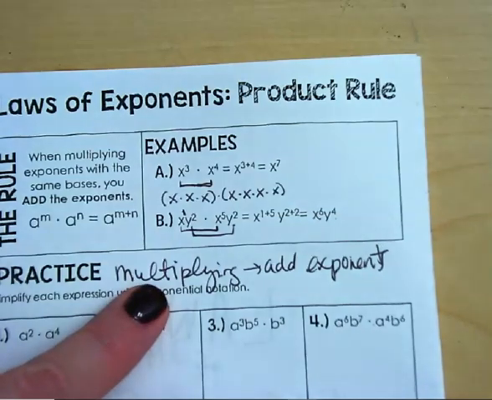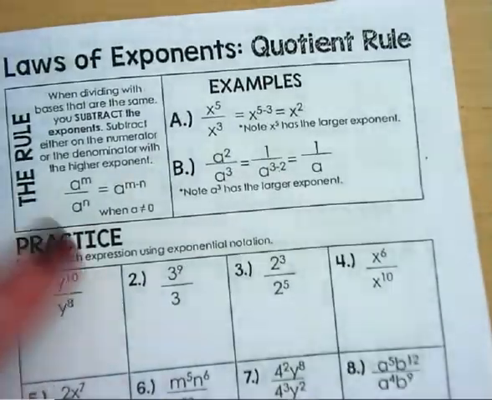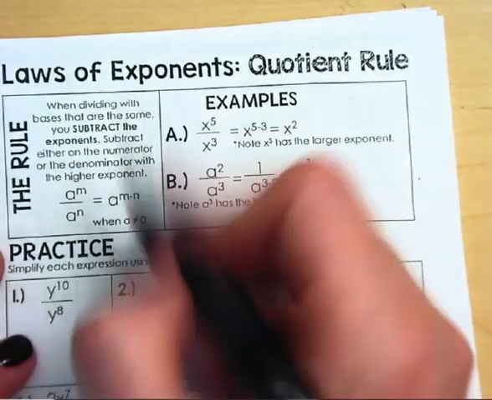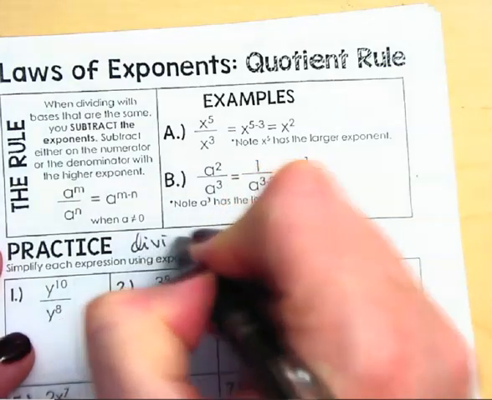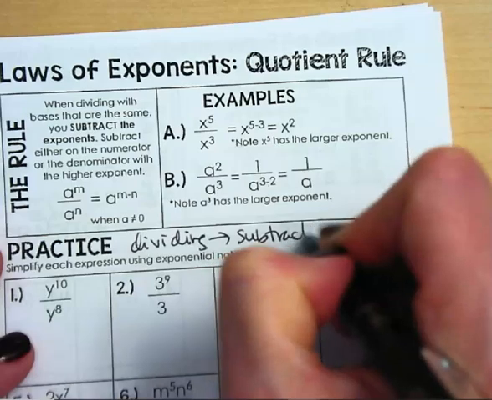Let's talk about the next page now, the quotient rule. So on this page, the product rule says when multiplying bases, you add the exponents. When dividing bases, so this is our quotient rule for division, when dividing, you subtract the exponents.